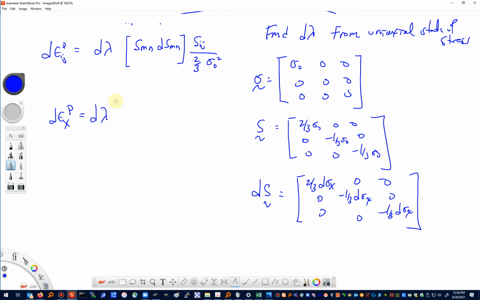Alright, so what do we have here? We have the S tensor dotted with the ds tensor. So we're going to have 4/9 sigma naught d sigma x. We're going to have a plus 1/9 sigma naught d sigma x, and we're going to have another plus 1/9 sigma naught d sigma x.